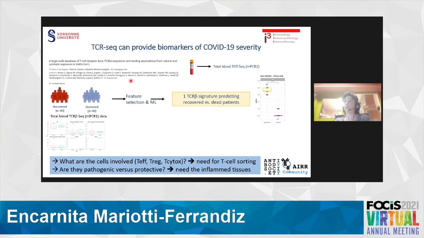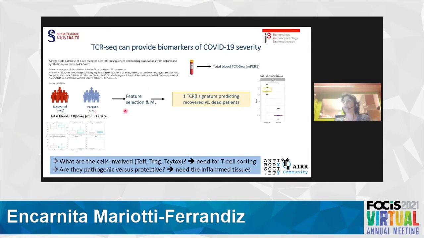We took the large data sets provided by Adaptive Biotechnologies on COVID-19 patients, and we selected only the patients that were labeled as recovered, compared to the patients that died after the disease.